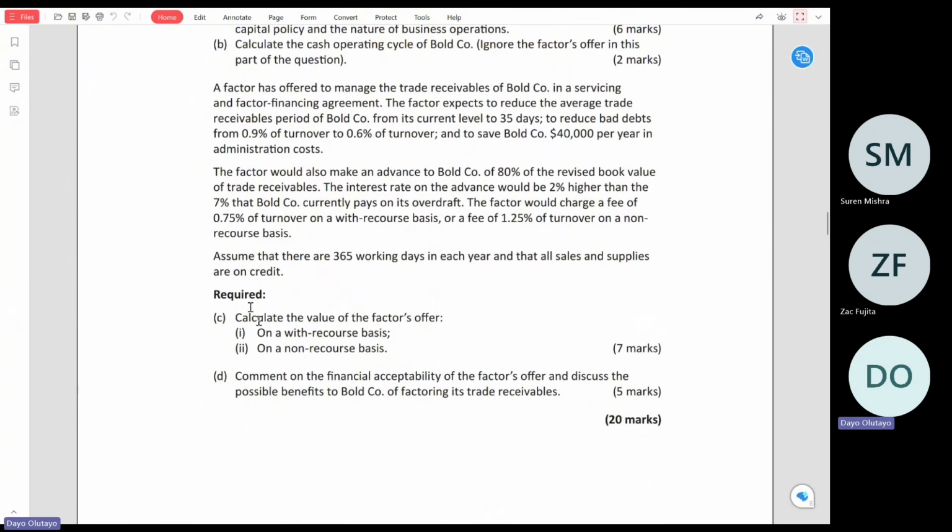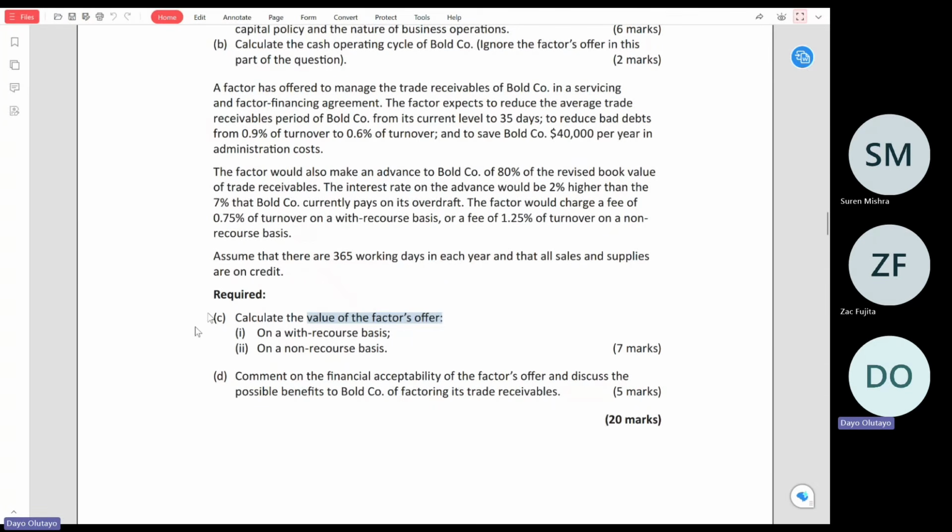Anytime you are being asked to do this kind of question, this factored question, the value of any offer, whether it's even factor or not, value of any offer is about the benefit you are getting from it. So for us to know the benefit we are getting from it, we need to know the cost that we're incurring, and the benefit and the net condition is what we are getting, right?